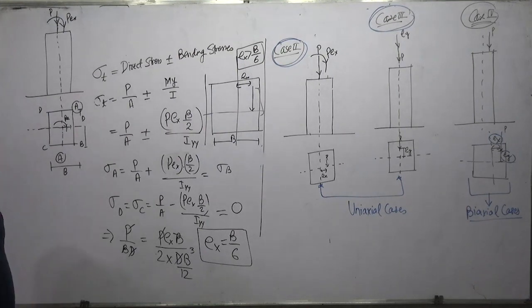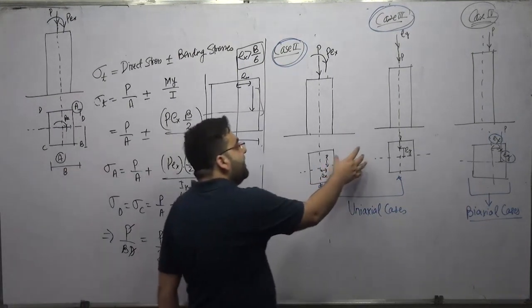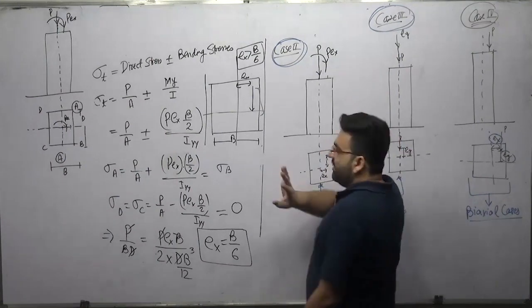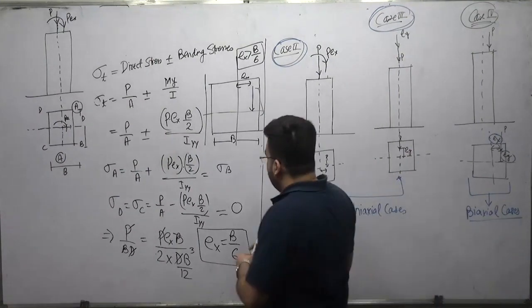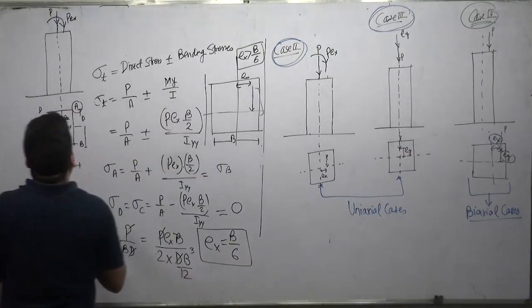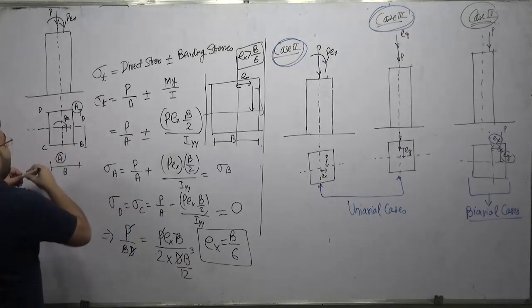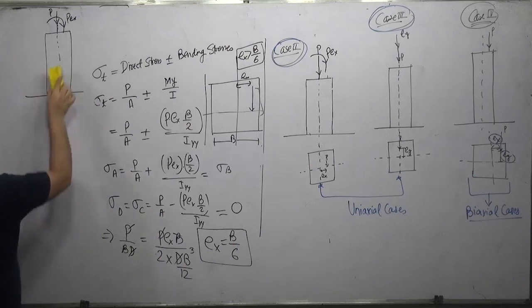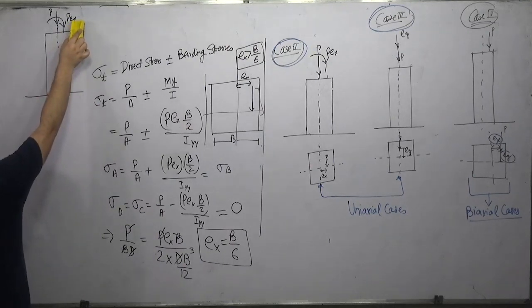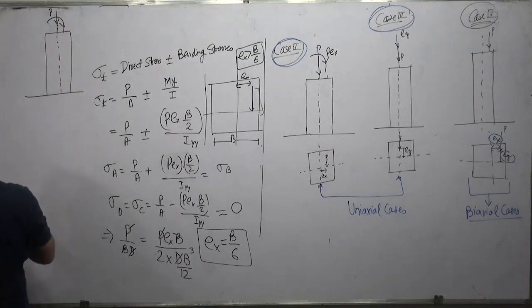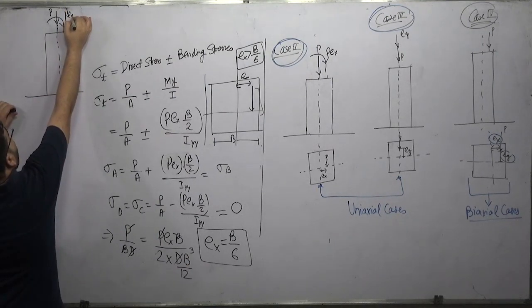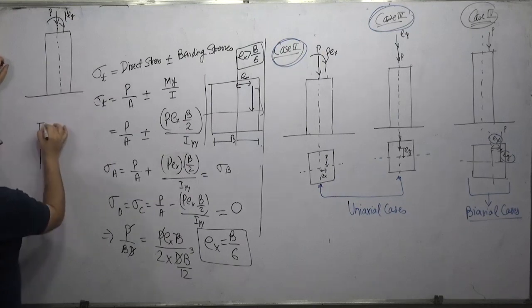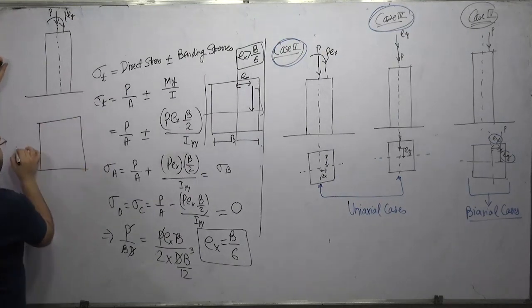Okay. Similarly, we can discuss this case also. Same case, nothing will change. Here, suppose that the load is acting at an eccentricity of Ey. The column would be like this.